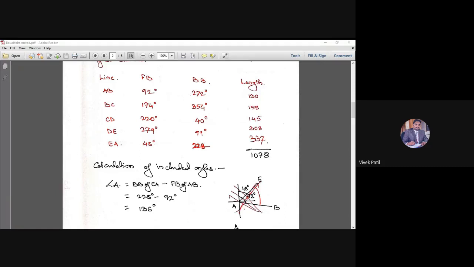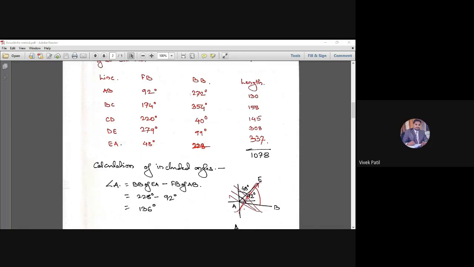Tell me how you have calculated. Sir, angle of B is equal to back bearing of AB minus front bearing of BC.